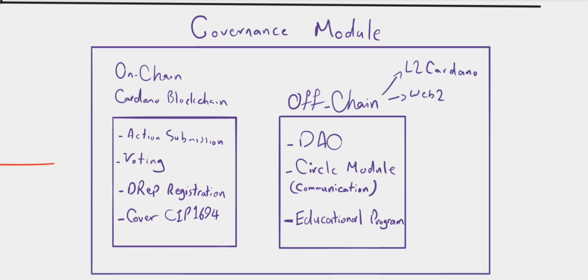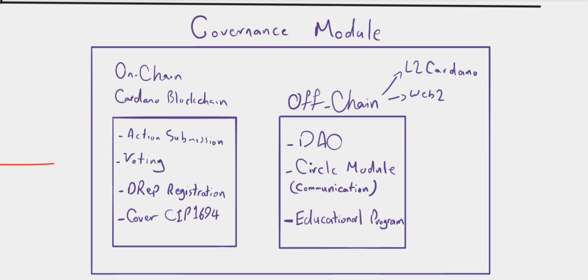We'll provide the same things that GovTool provides, but with additional off-chain features, like the ability for representatives like SPOs and DReps to use DAOs for better communication with their delegators.